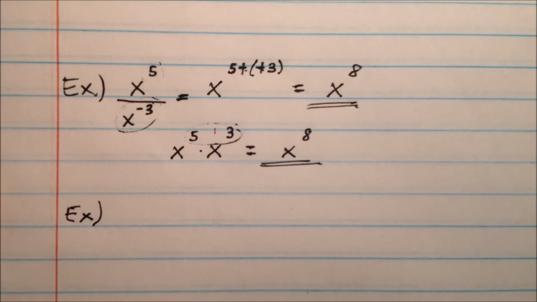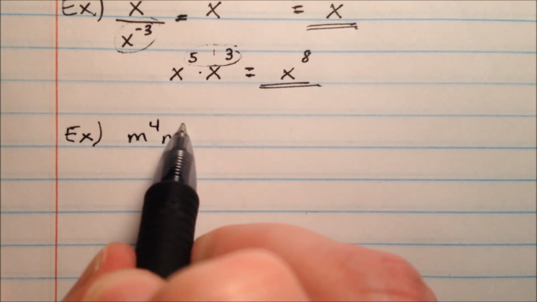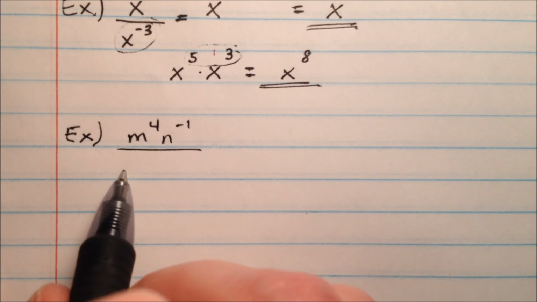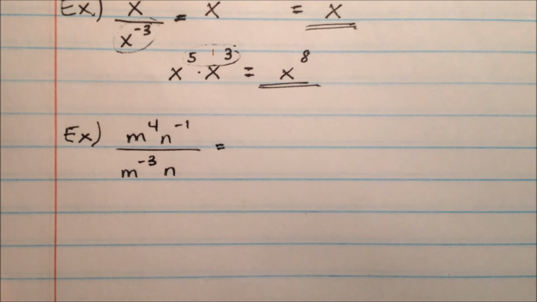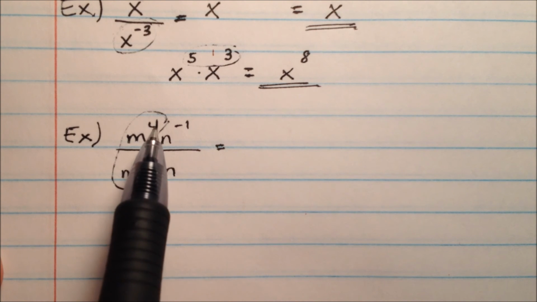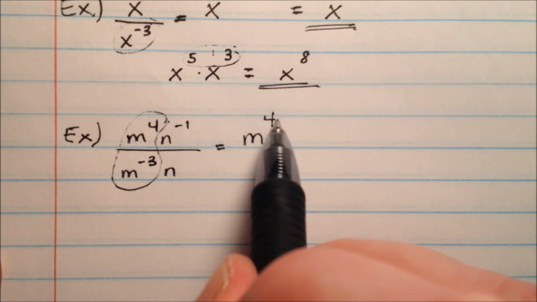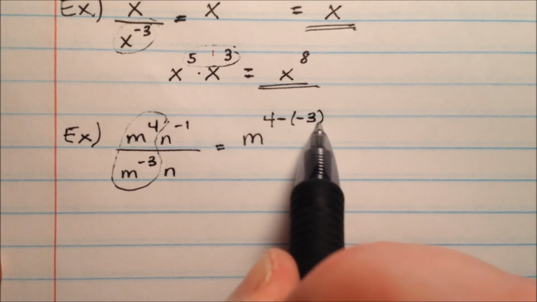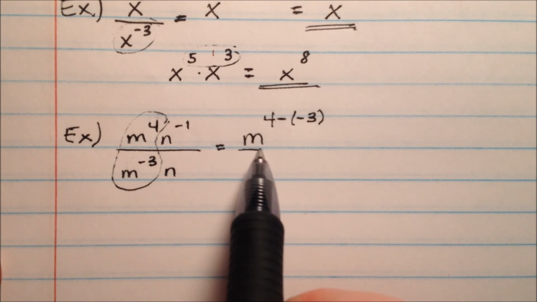Okay, so now for our final example, we'll do m to the 4th n to the negative 1 all over m to the negative 3 n. Again using our quotient rule, we can look at the m's first, and we would say 4 minus a negative 3. And we put it on top, again, because this 4 is bigger than the negative 3.